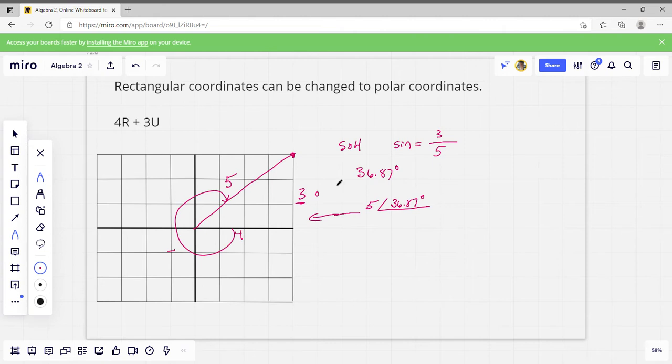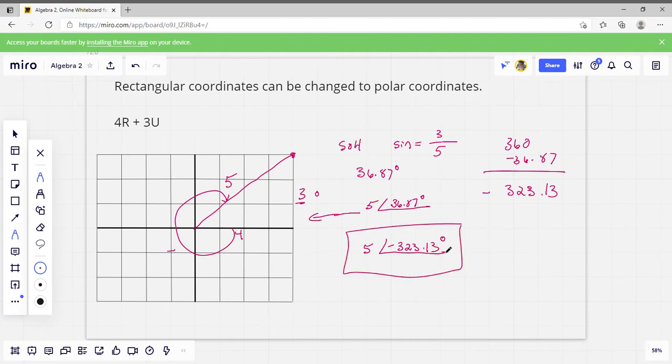So this is going to be 360 degrees, the whole circle, minus our 36.87, and we're going to get negative 323.13. So the other way to write this exact coordinate would be 5, negative 323.13 degrees. Those two mean the exact same thing.